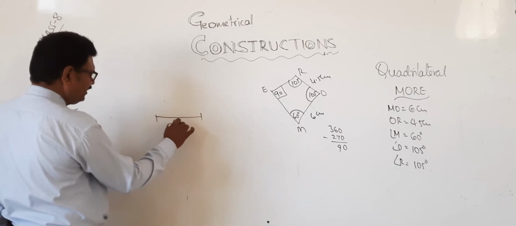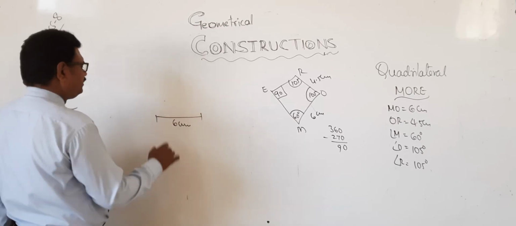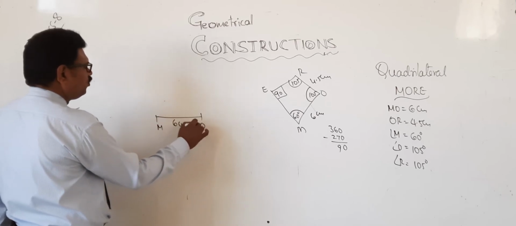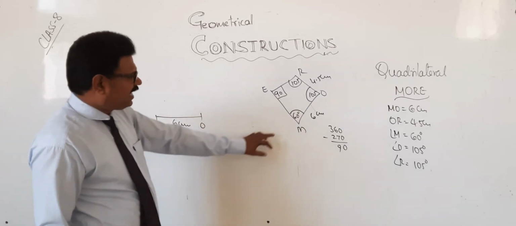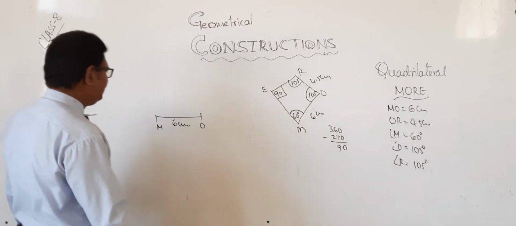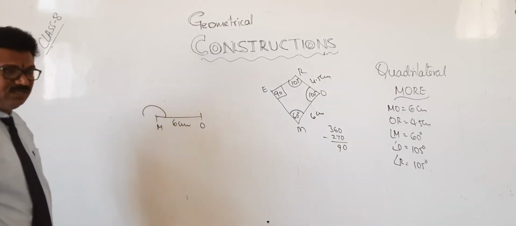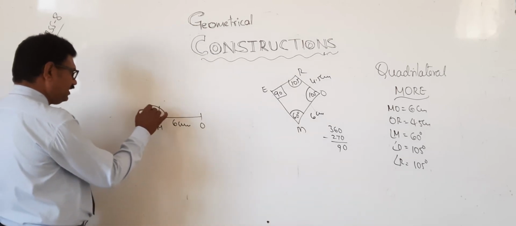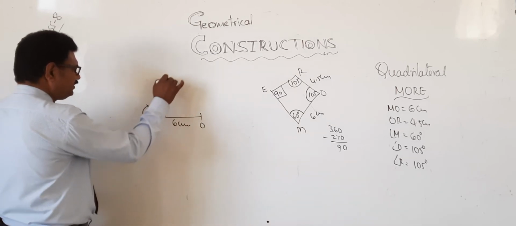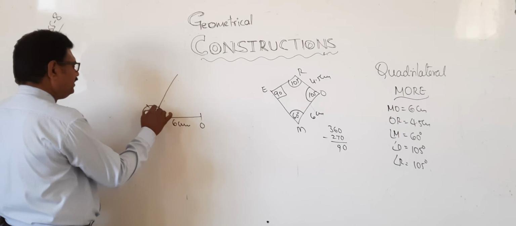How many centimeters? 6 centimeters. What is the angle at M? 60. 60 means how to take? Take a half circle. Divide this into 3 equal parts. The first part is nothing but 60 degrees.